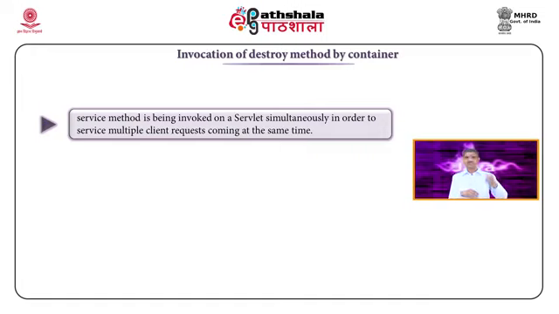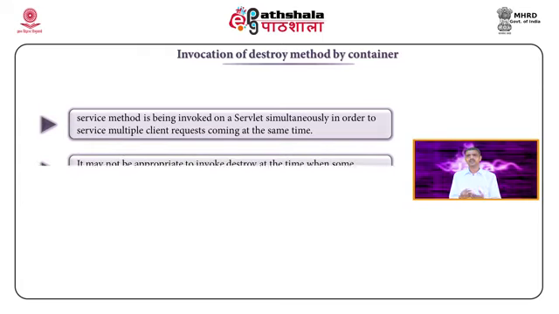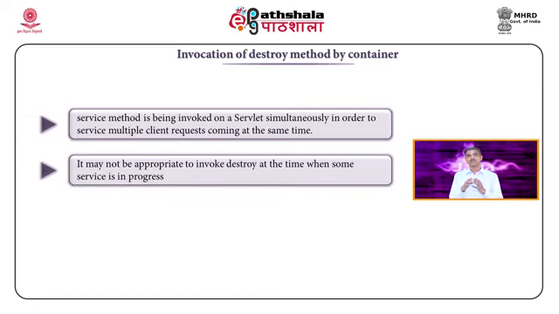Now, when there is a shutdown, or when the container says I need to destroy this, the container normally has to try to ensure that there is no service currently active on this servlet before it starts using the destroy method. Because in the destroy method, we will be just trying to release all the resources which are required during the service method.